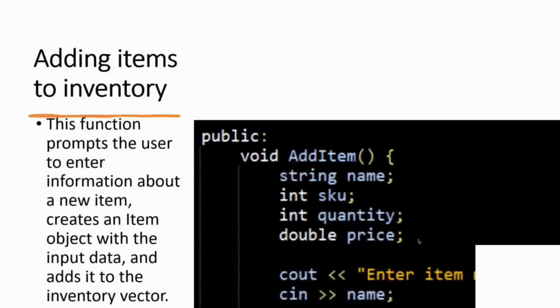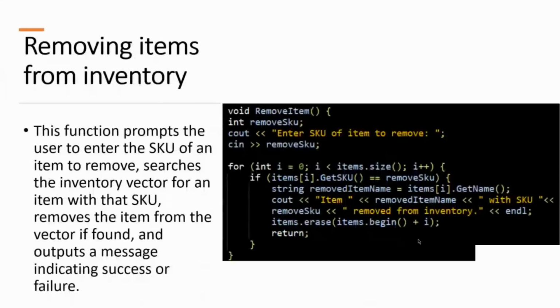Adding items to inventory. It prompts the user to enter information about a new item. It creates an item object with the input data and adds it to the inventory vector, which is of type item. Removing items from inventory.